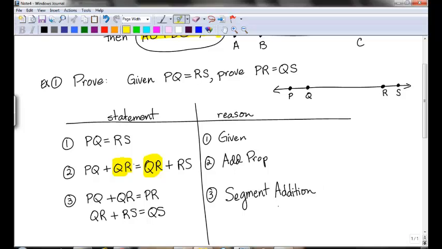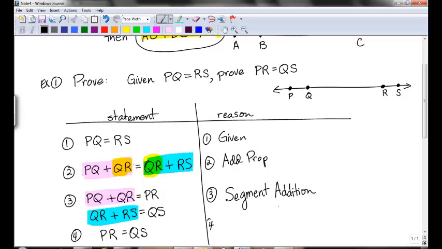Okay, now come back up here a minute. PQ plus QR. PQ plus QR equals what? PR. Okay. QR plus RS equals what? QS.